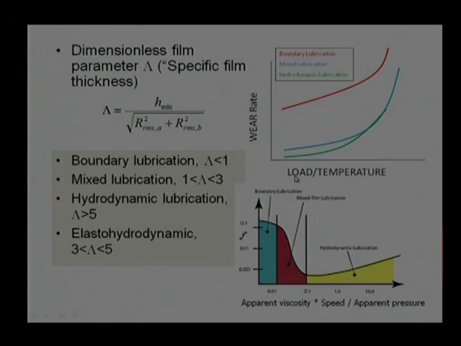If the load is increasing, slowly hydrodynamic lubrication will turn into mixed lubrication and then boundary lubrication, and if the temperature is increasing, which will reduce the viscosity, the same thing will happen. Indirectly, it is going to increase the load. Now, if I relate this parameter over here, if the load is increasing, the Sommerfeld number is decreasing.